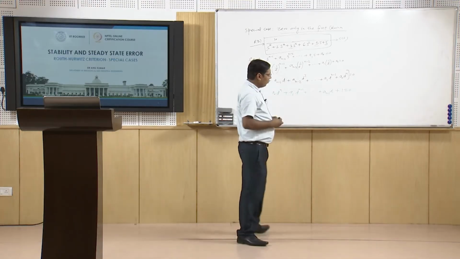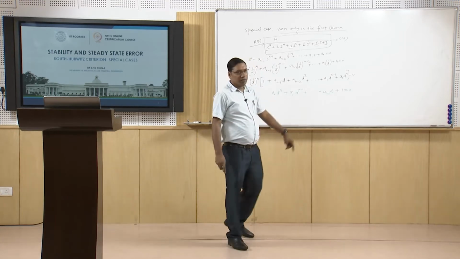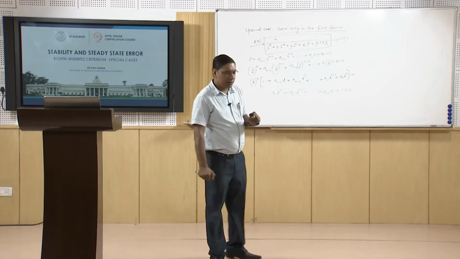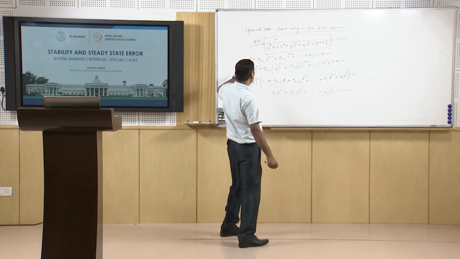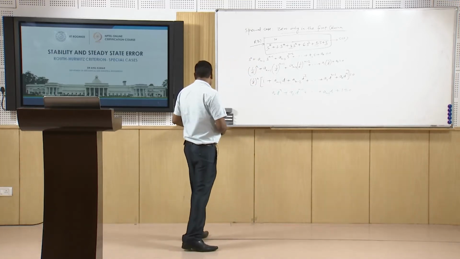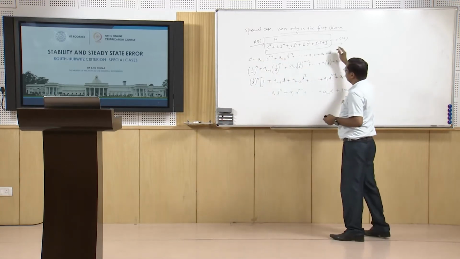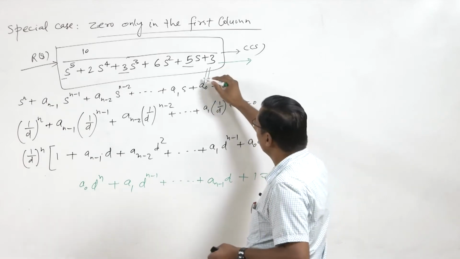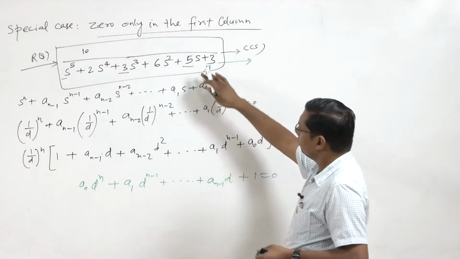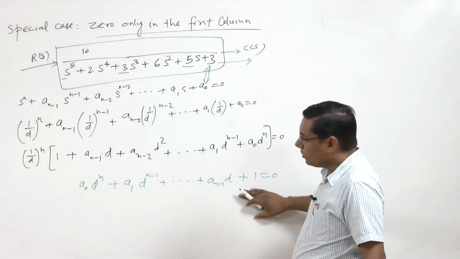Now we create the Routh table for this polynomial, which is in the variable that is the reciprocal of the original variable s. So now we have this original polynomial, and we have to convert it into this polynomial.